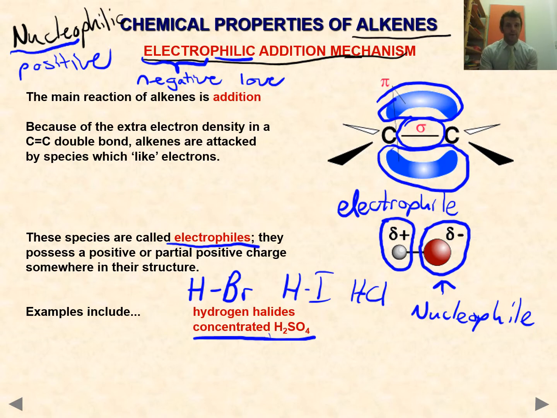Examples of different electrophiles, these are going to be things that have a positive partial charge, so they're looking to find negatives. They love negative charges. So here, this hydrogen in this model is going to be the electrophile. The opposite side, this one, is going to be my nucleophile.